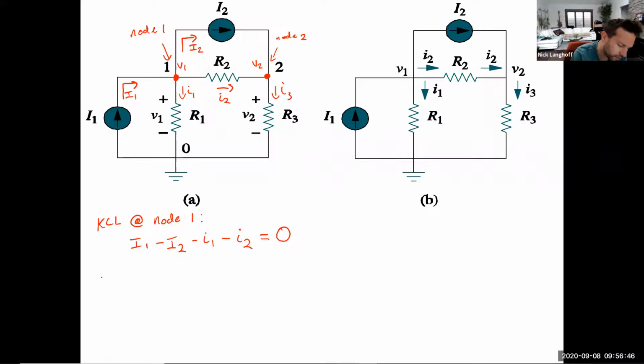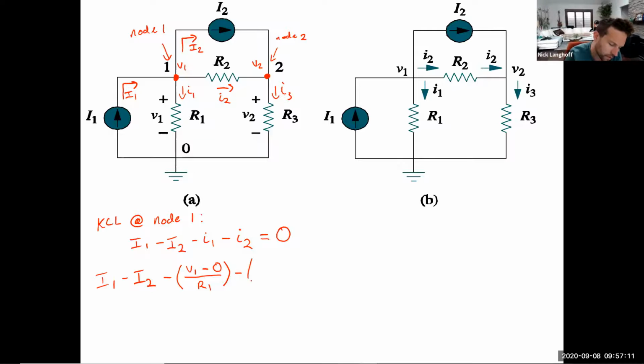So if we rewrite it, we get I1 minus I2 minus, okay, i1 we can write as V higher minus V lower, so it's V1 minus 0 divided by R1.